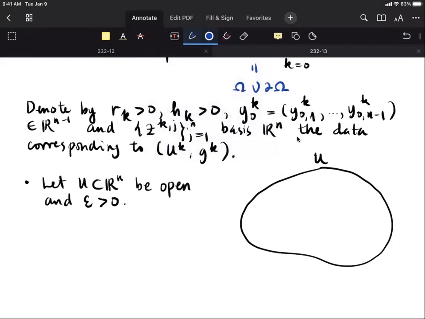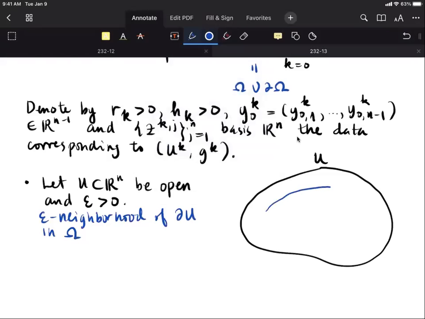So we define the so-called epsilon neighborhood of the boundary of omega in U as follows.